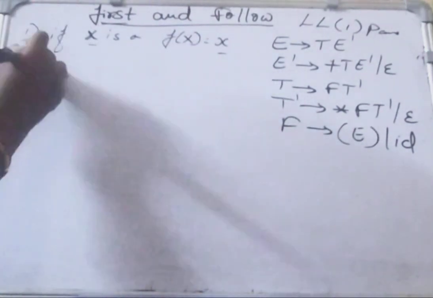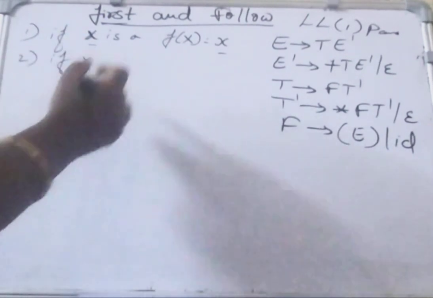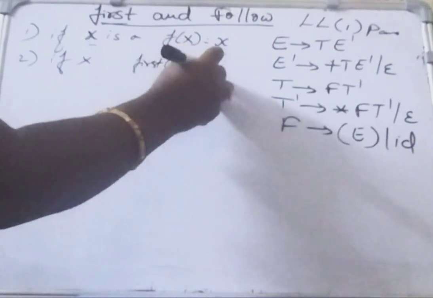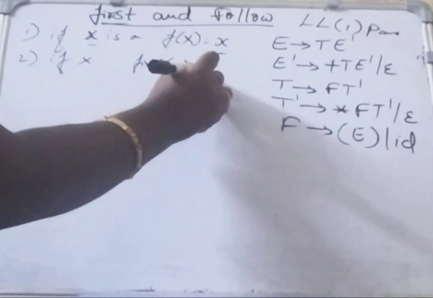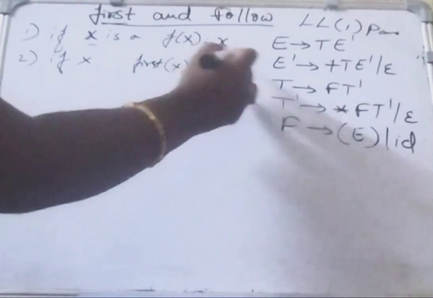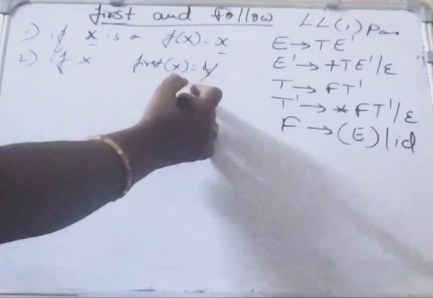Suppose x is a non-terminal. Assume that first of x is equal to y, so y is also a non-terminal. So first of x is equal to first of y. We should find what is first of y, then first of y1, y2 and so on if it is a non-terminal.